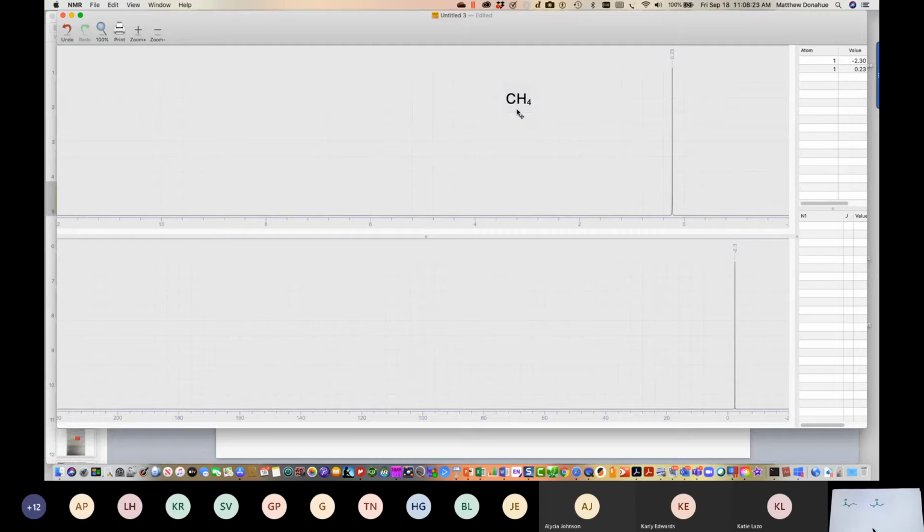Look at the chemical shift of both the carbon and the hydrogen. The top spectrum is proton, or hydrogen, and the bottom spectrum is the carbon. When I highlight that, an sp3 hybridized carbon occurs at about -2 in the carbon NMR, and the hydrogens bonded to it are about 0.23.